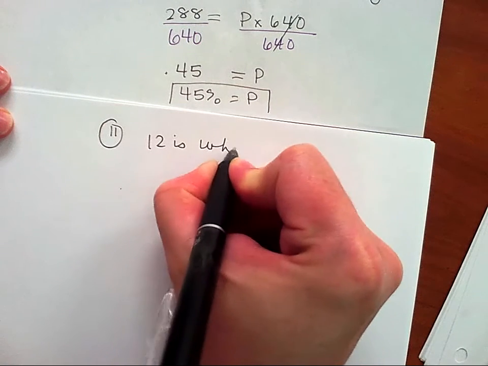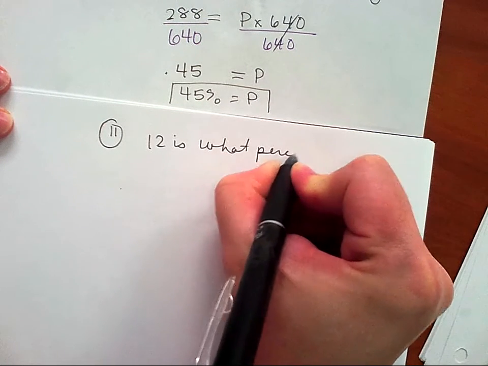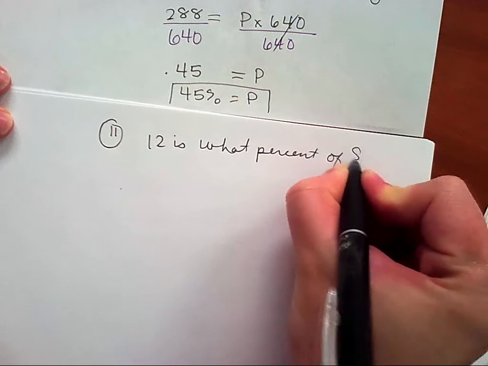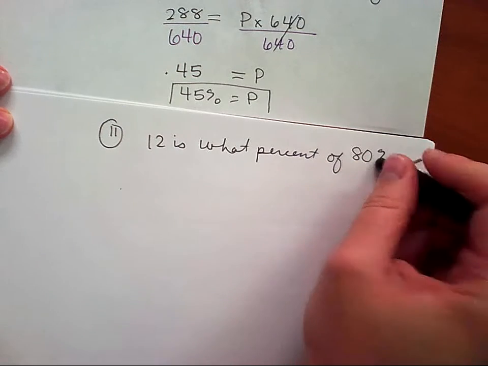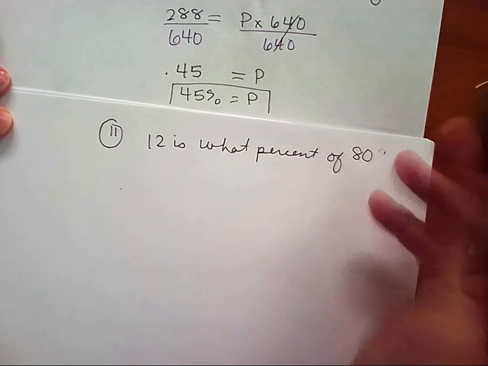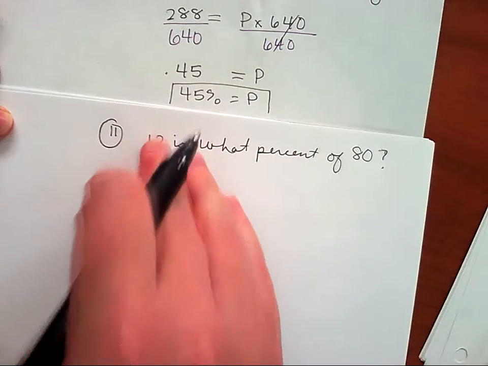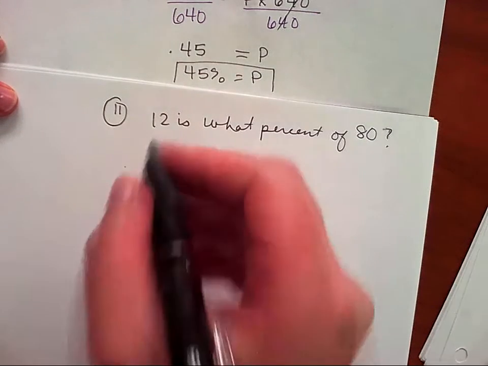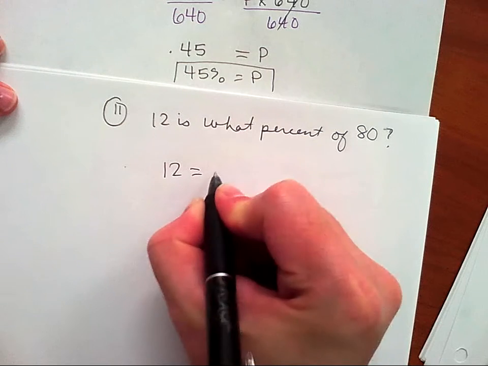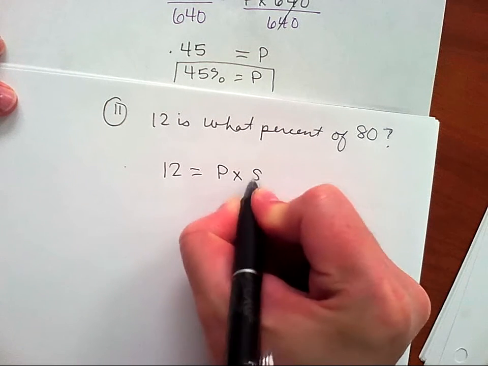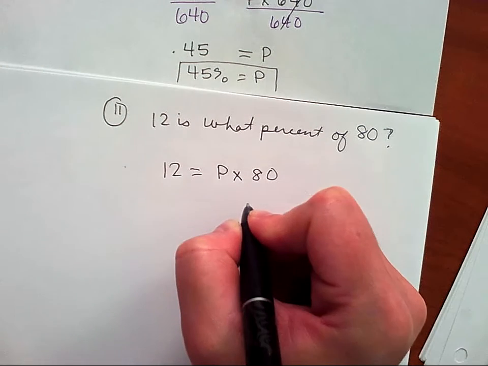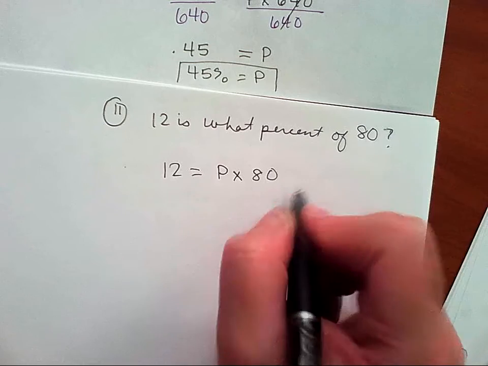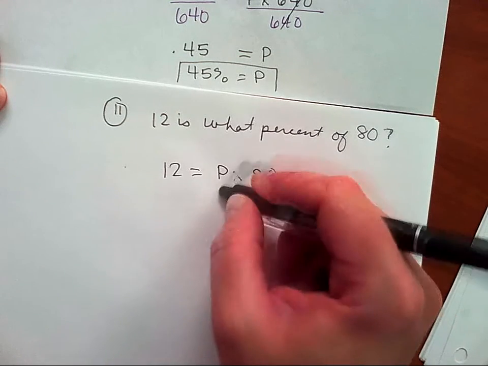12 is what percent of 80? I keep doing the percent instead of the question. So translate it exactly how we did before. P times 80, I'll do the dot.